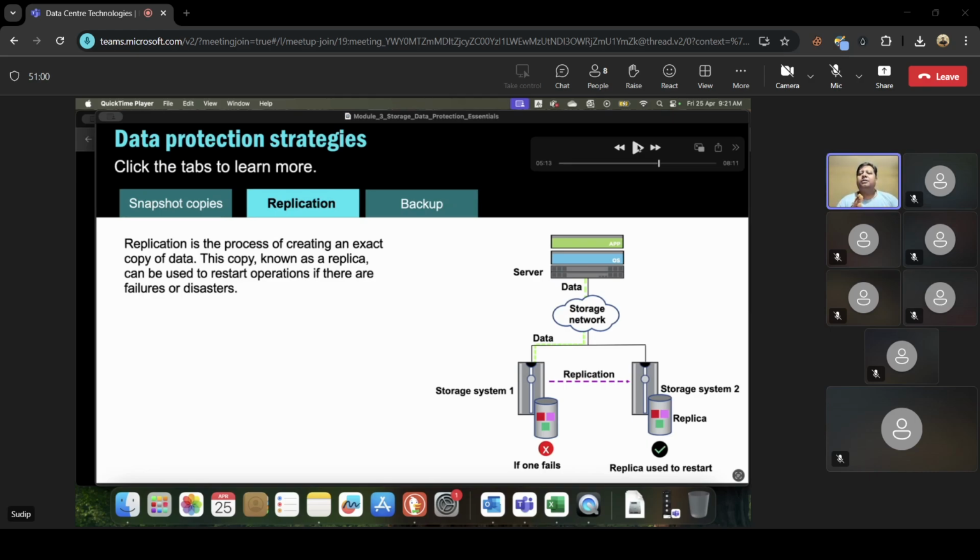Then what is my RPO, recovery point objective? How far behind can I go? 2 hours? Because until the backup is complete, I cannot recover from it.